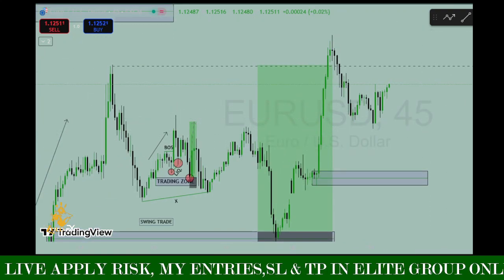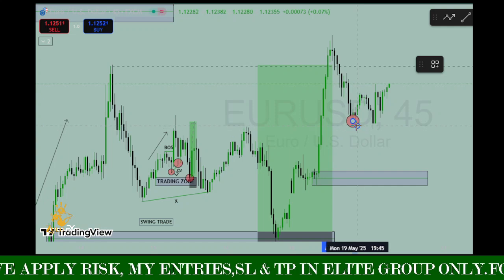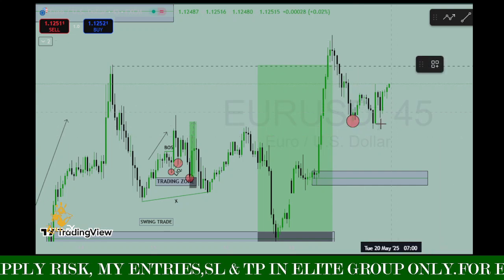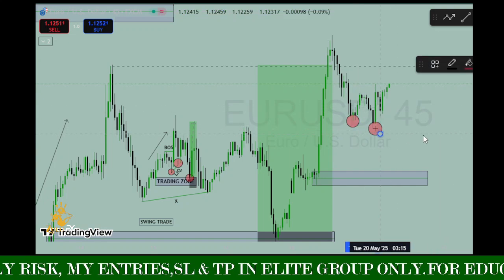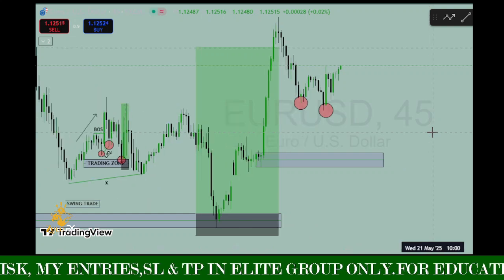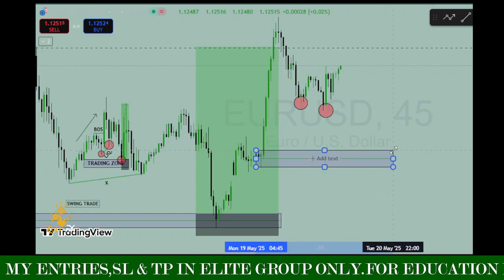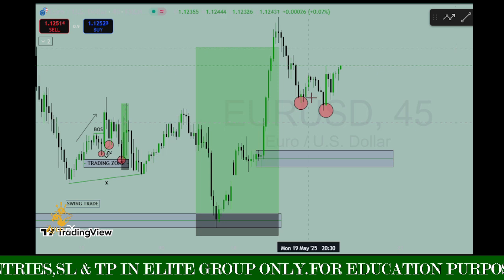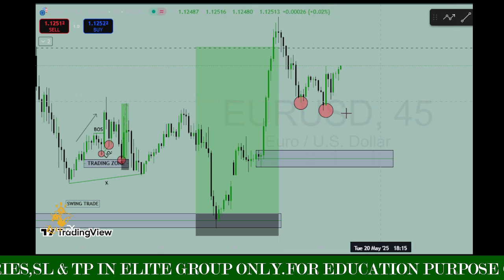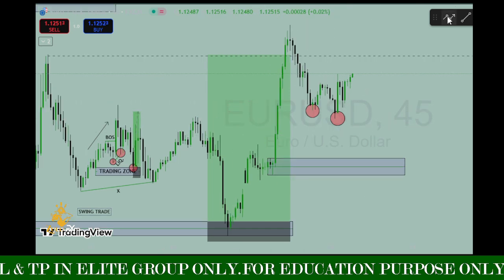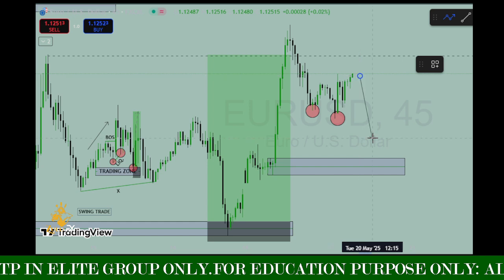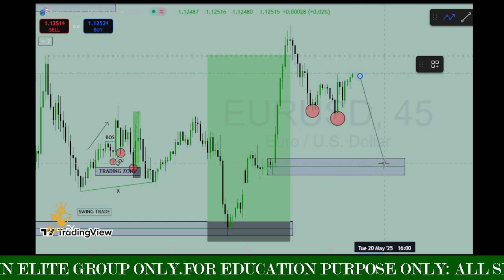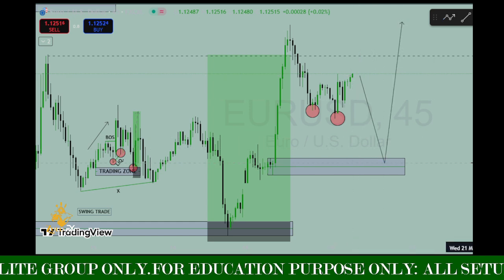For now, we can see the price hitting these wicks. These wicks are what I will be using for confirmation to even identify this zone as valid. I want to see this accumulation be kept, maybe during London and New York when the CPI comes. I want to see a drop and then continuation, things like that.